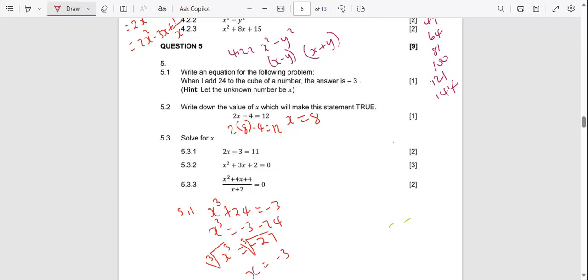Okay guys, let's proceed to 5.3. This is solve for x type of questions. We are solving for an x.